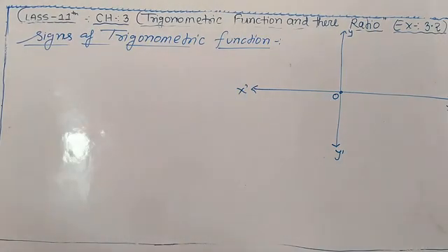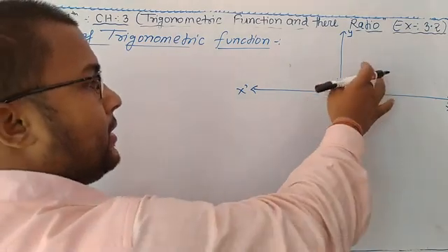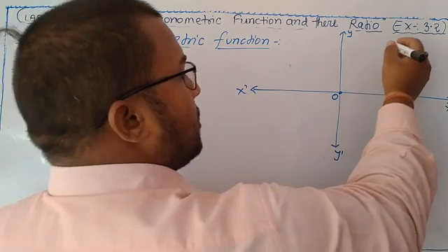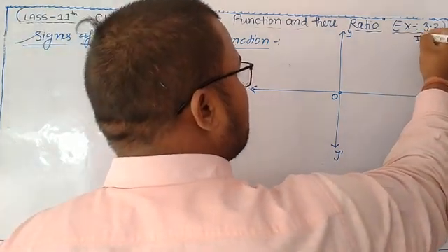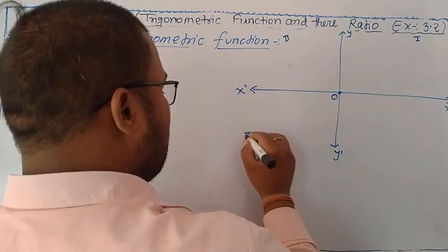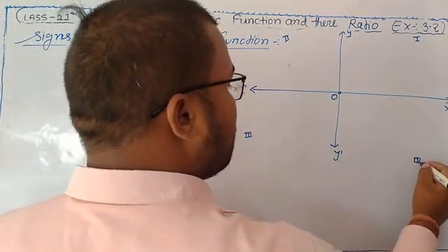Next topic, sign of trigonometric functions. Sign of trigonometric functions is related to the Cartesian quadrants. This is the first quadrant, student, second quadrant, third and fourth.